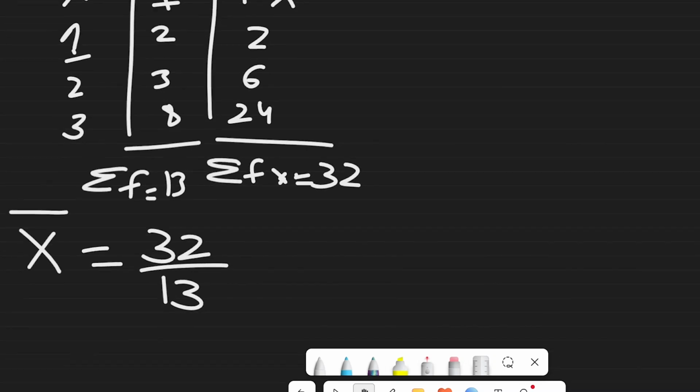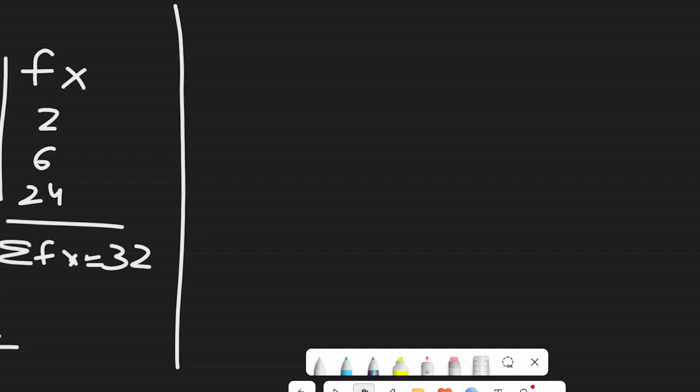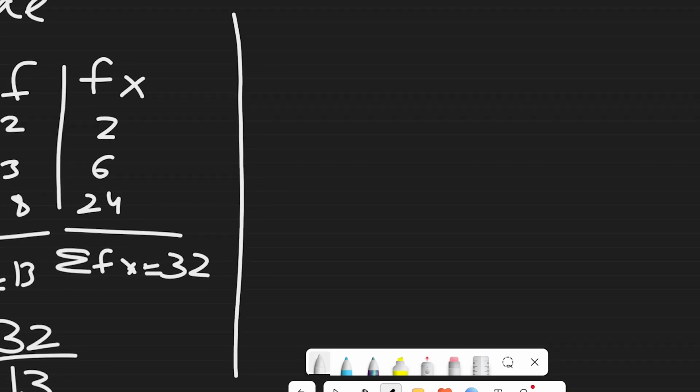For continuous data, you can't exactly calculate the mean, but you can estimate the mean instead.